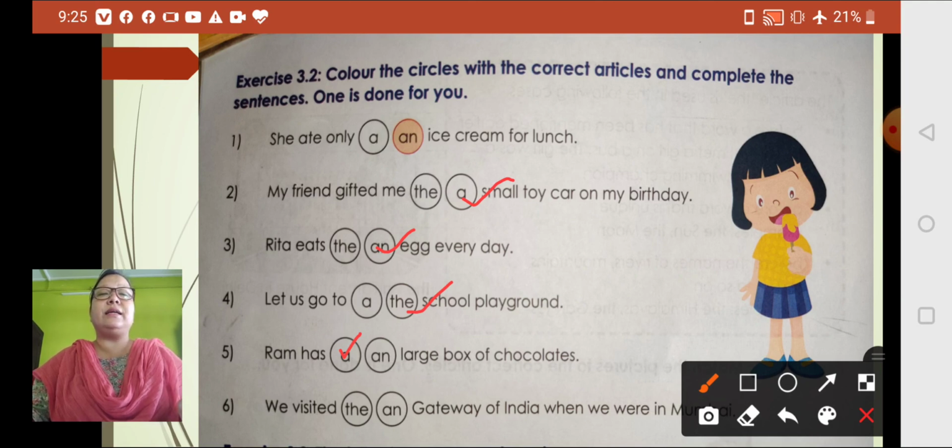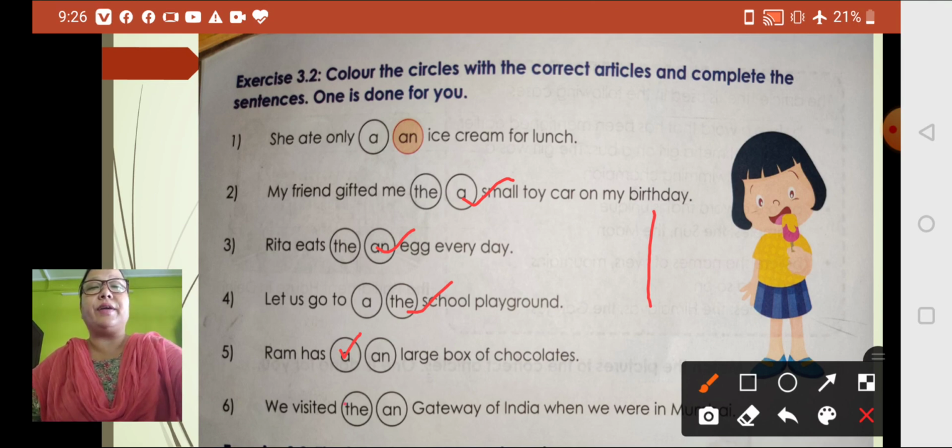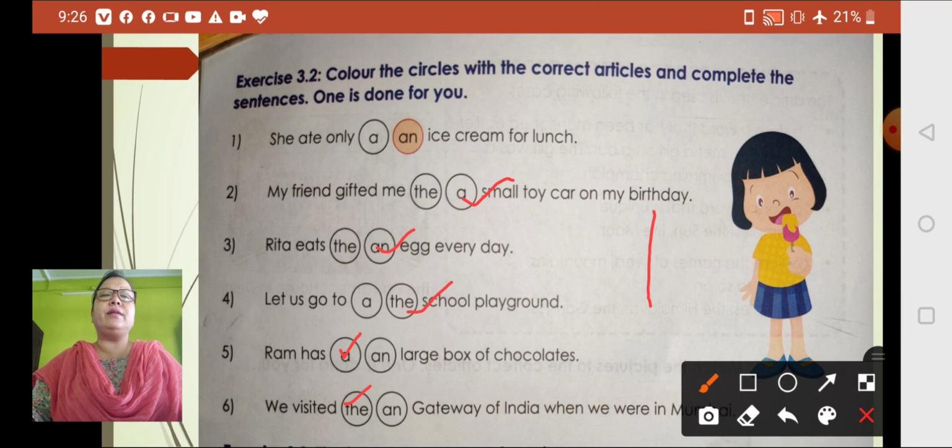We visited the Gateway of India when we were in Mumbai. So the correct answer is: we visited the Gateway of India when we were in Mumbai.